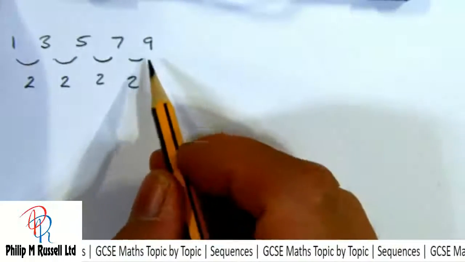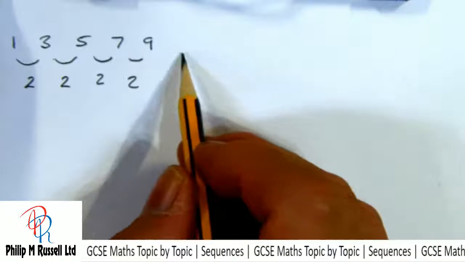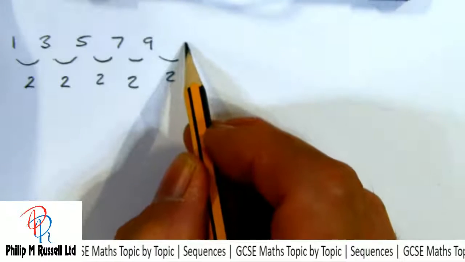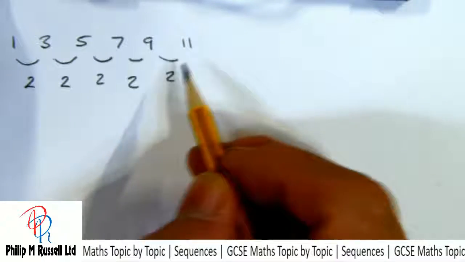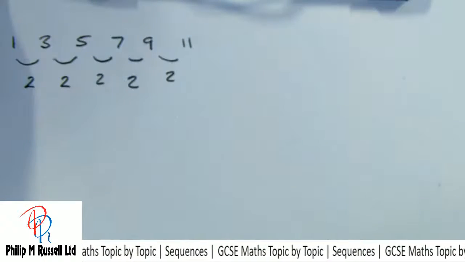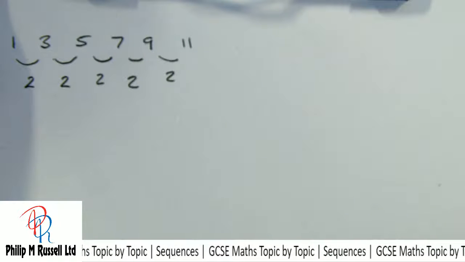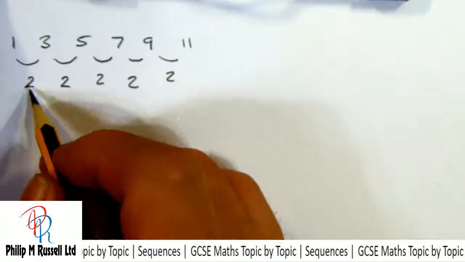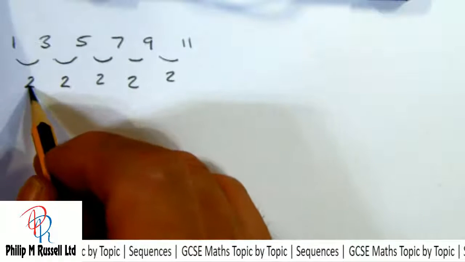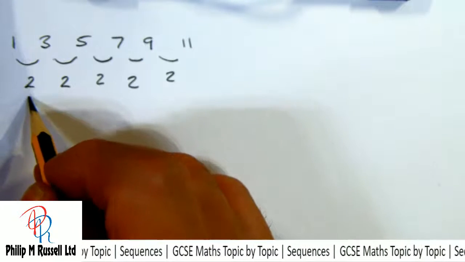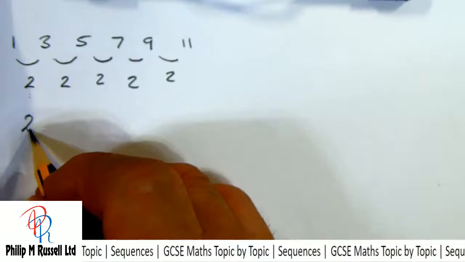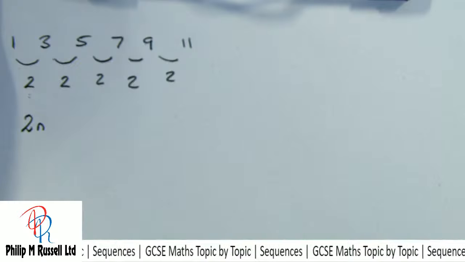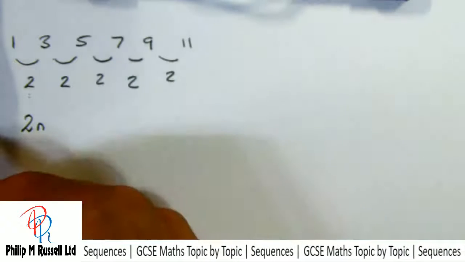So what we can easily do is work out what the next term is going to be simply by adding 2. Very easy to do. Now what we can do is see if we can work out a formula for this. And here we think of this number and we multiply this number by what we'll call n. Now let's see what we've got.